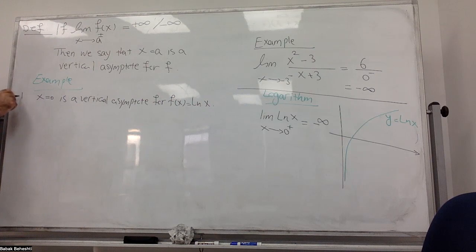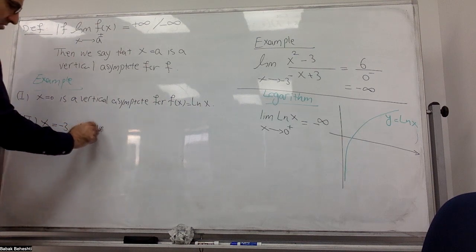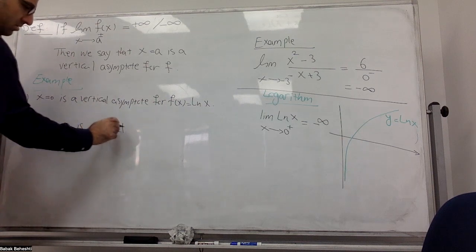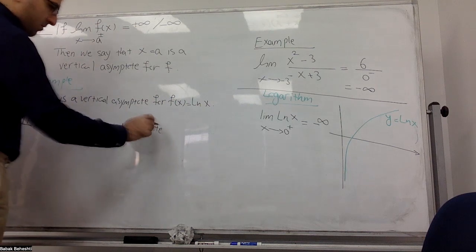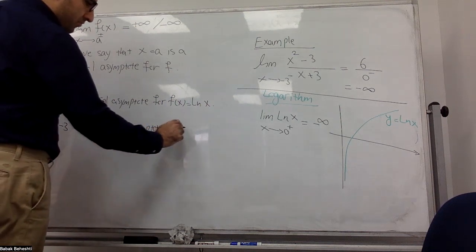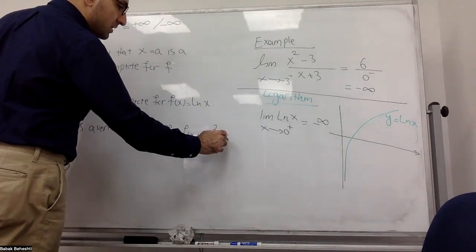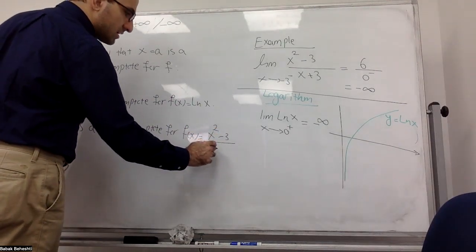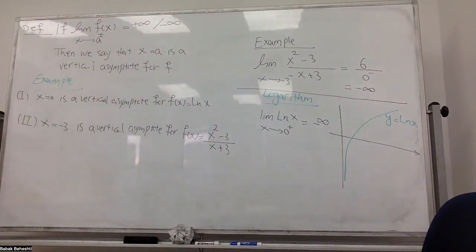Or we can say that x equal to -3 is a vertical asymptote for f of x equal to x squared minus 3 over x plus 3, for that function.